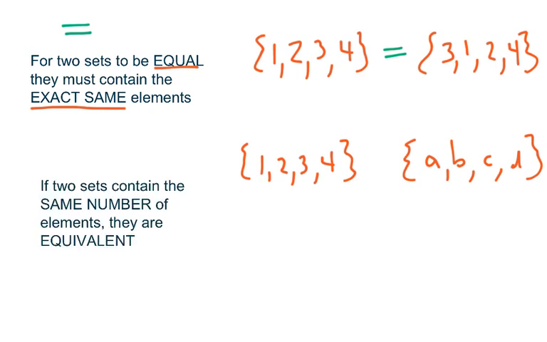They each contain 4 elements, and if two sets contain the same number of elements, then they are equivalent. So while the two sets we've just been given are not equal, they do contain the same number of elements, so they are equivalent.